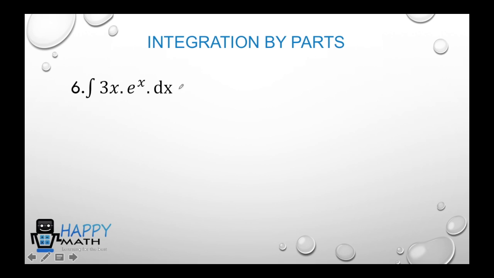Very easier. You take 3 outside, and this one becomes easier to take our option. You will move e power to x inside of the dx, and 3 is still unchanged.